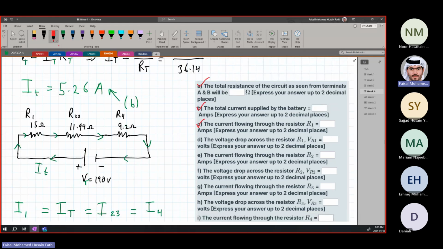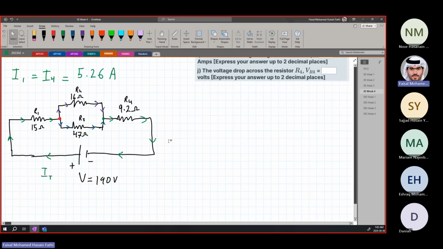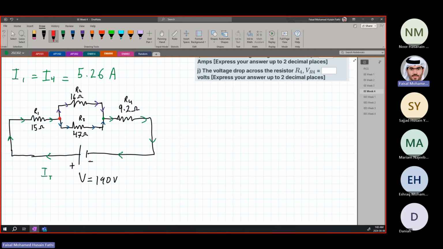Done. Now the voltage drop across the resistance R1. Now this is where everything changes a little bit. Here, we know that the current is the same, but we know that the voltage is changing. How so? If this is our voltage, the blue line, then until here the voltage is the same. It's 190 volts.